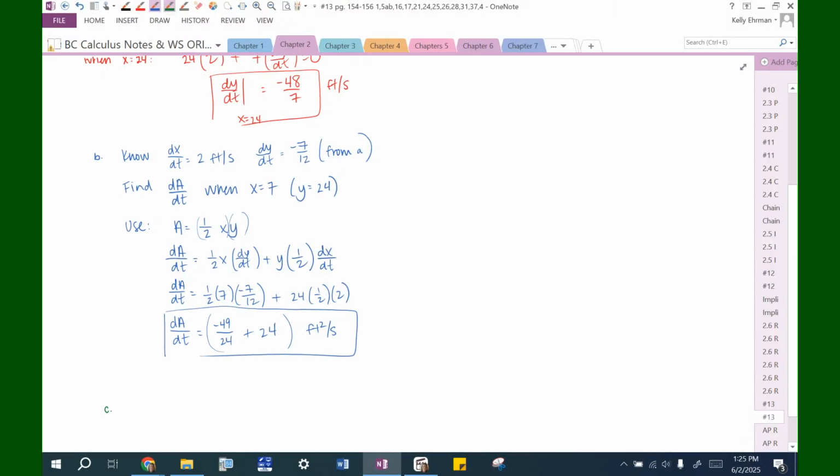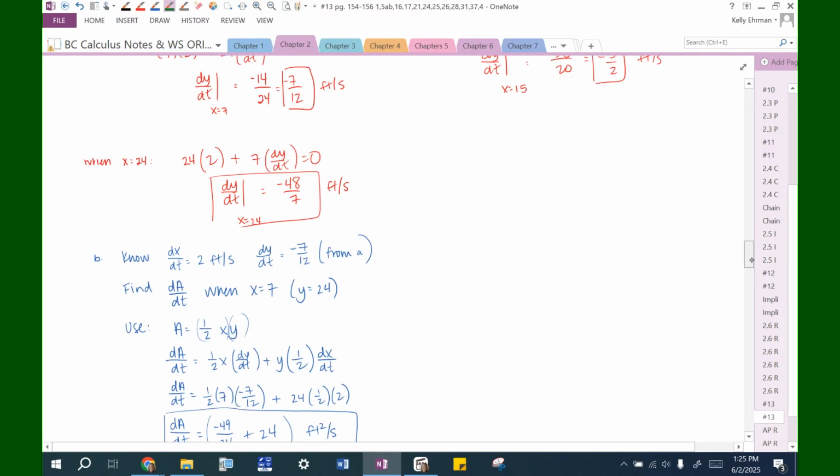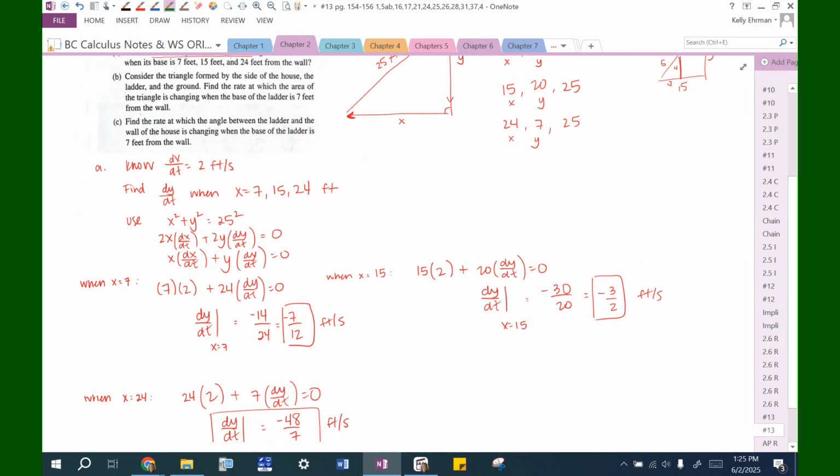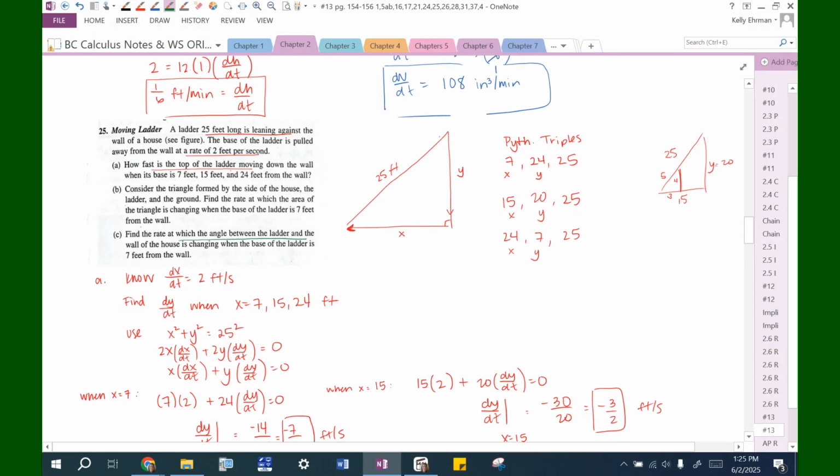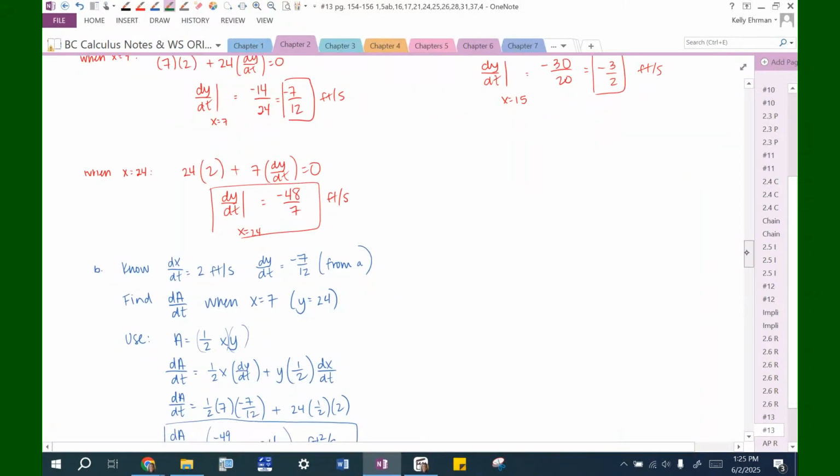All right, for part C, find the rate at which the angle between the ladder and the wall of the house, so be careful with this, the ladder and the wall of the house, so this angle here, it matters where you put theta. Find the rate at which that angle is changing when the base of the ladder is 7 feet from the wall.